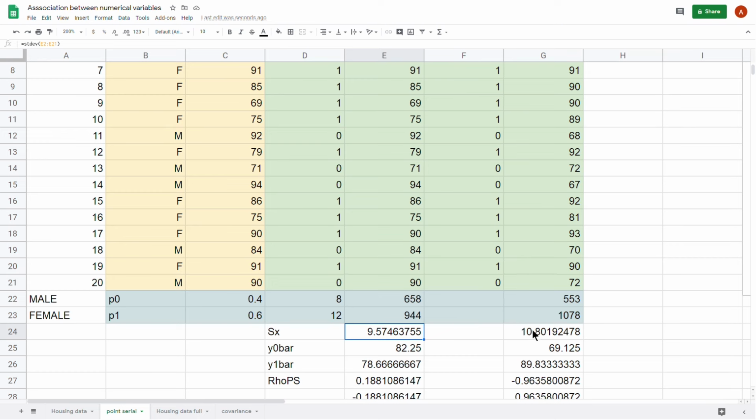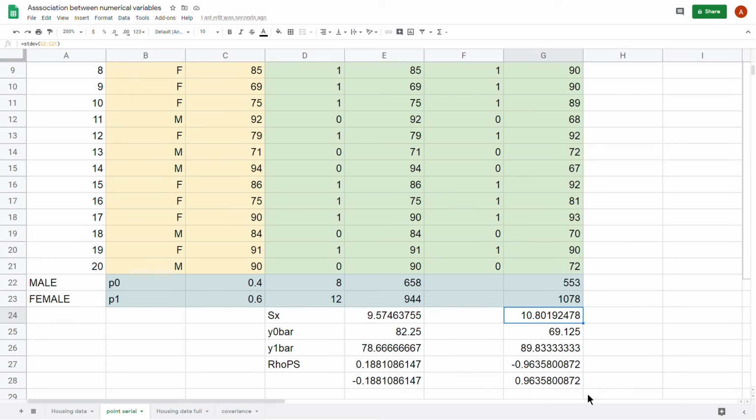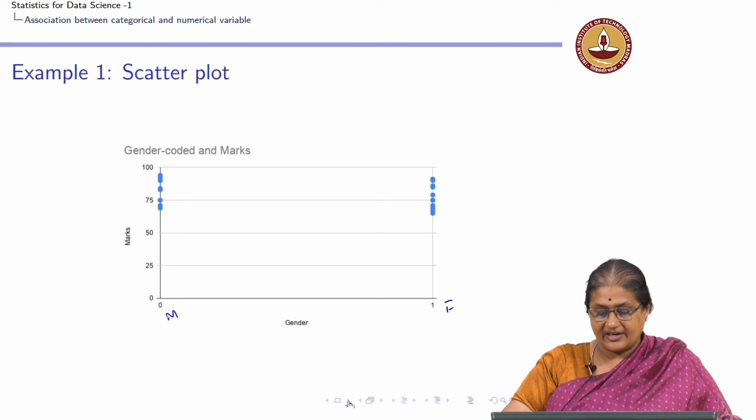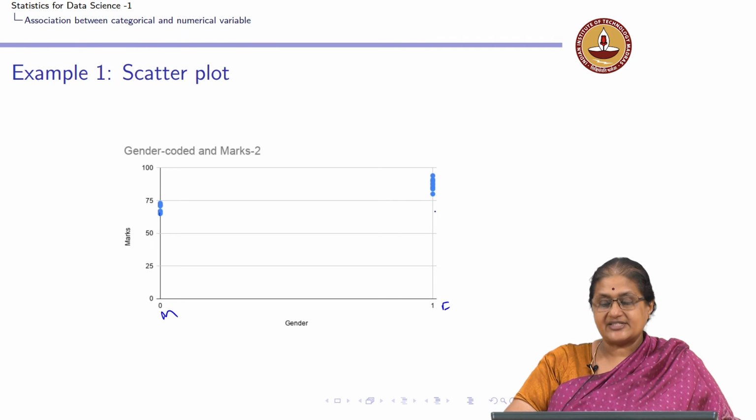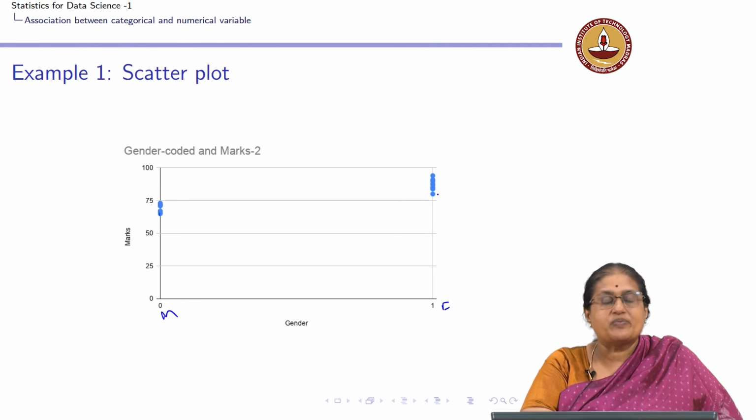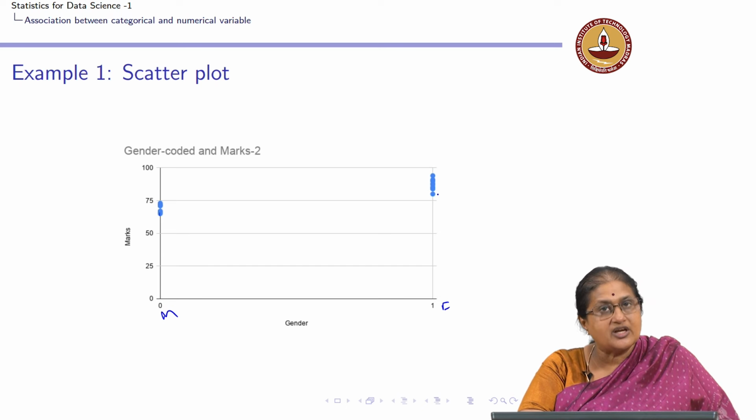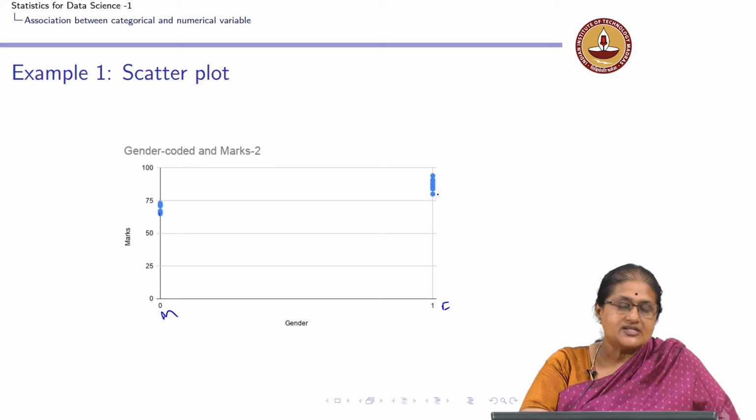The standard deviation is again not very different. This is 9.5 and 10.8. They are not very different from each other, but when you look at the point biserial correlation measure, this is very close to 1. In fact, it is 0.963. Again, that is validated here by saying that yes, the gender seems to play a role when I am seeking the association between gender and marks in this example.